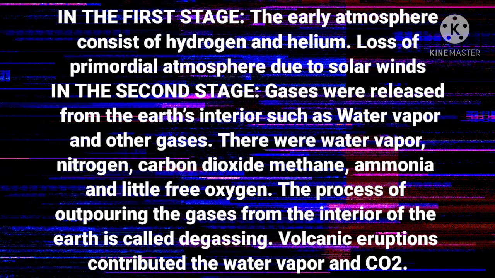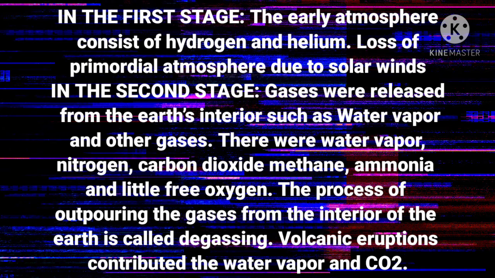And then after that, the volcanic eruptions contributed water vapors and carbon dioxide. The carbon dioxide dissolved in the rainwater and converted into acidic rain. Rainwater collected into the depressions and formed oceans. The oceans were formed about 4,000 million years ago.